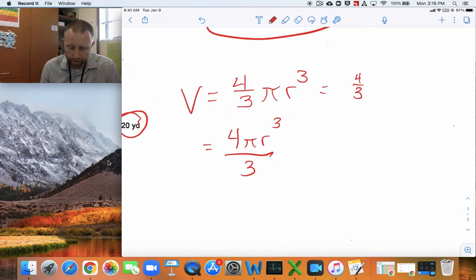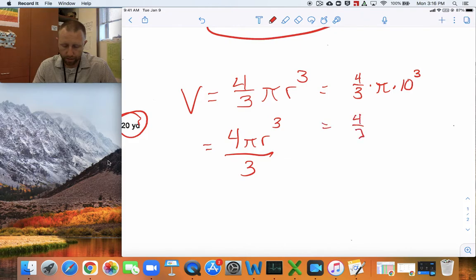So it's 4/3 times pi times 10 cubed. Well, that equals 4/3 times pi times 1,000.